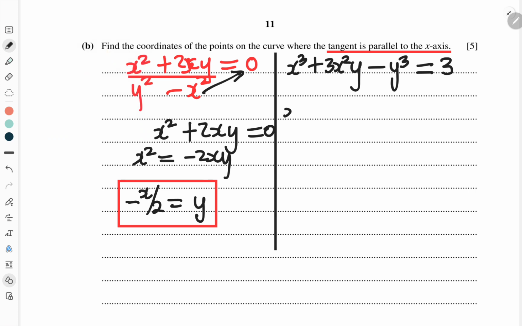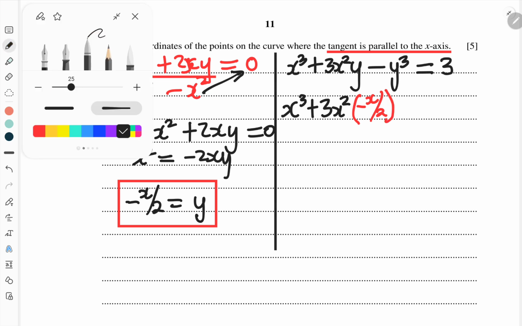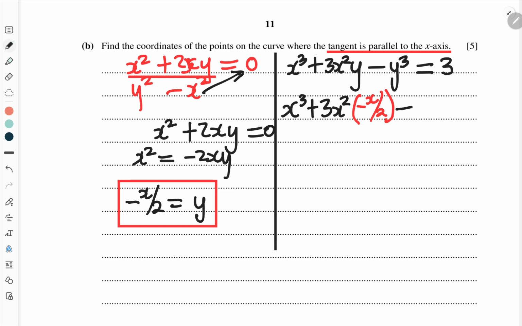So it's x cubed plus 3x squared, then in place of y, I'll put -x over 2. All right, then minus y cubed. My y cubed is going to be negative x over 2 to the power of 3.